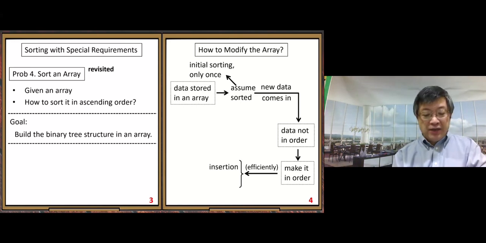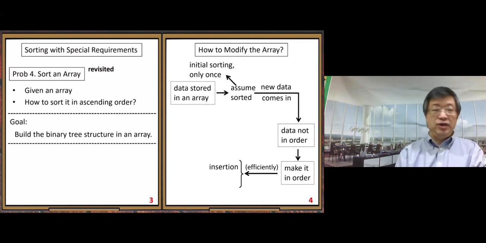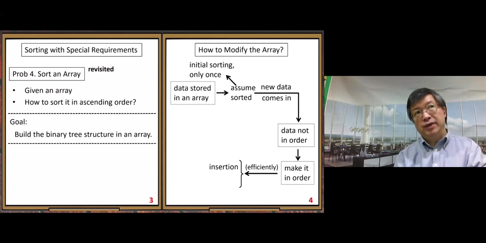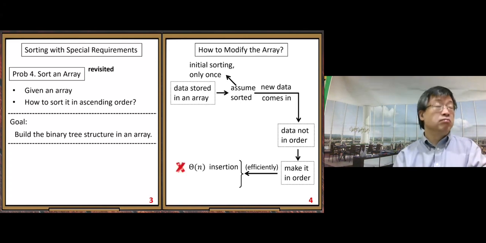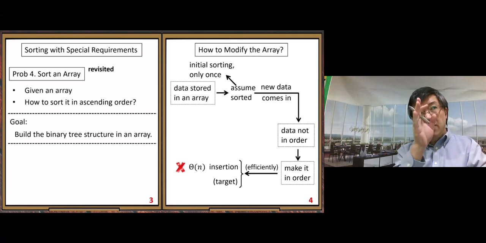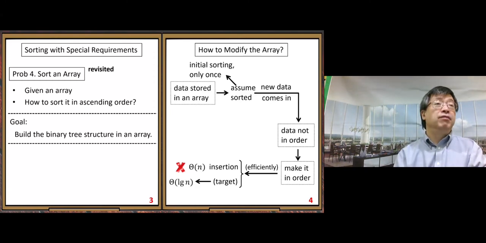Our background comes from the insertion step in the insertion sort. But if we use the straightforward insertion step as in the insertion sort, we get big theta of n, and we're not satisfied with this efficiency, so we want to drop it. Our efficiency target is big theta of log n.